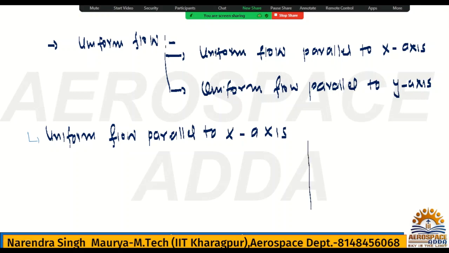Definitely you will draw the xy plot. This is x and this is y. If I am saying parallel to x-axis, it means the direction of the flow is parallel to x-axis. Yes or no?